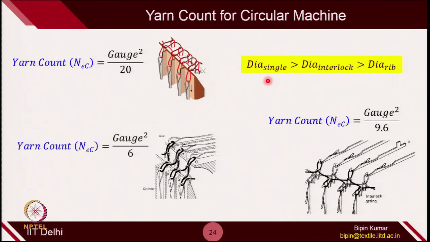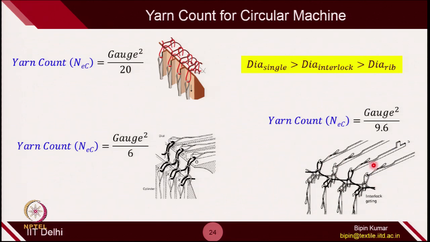But if you compare interlock and rib, this is the interlock and this is the rib. In interlock you have seen that at a particular moment only alternating needles of one bed are used. So, naturally you have more space available, because you are not using all the needles in the same feed.